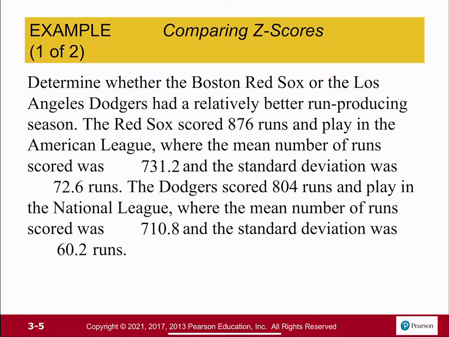The Dodgers scored 804 runs and play in the National League, where the mean number of runs was 710.8 and the standard deviation was 60.2 runs. We're going to take this information to our notebook, because this section is going to be primarily out of our notebook.